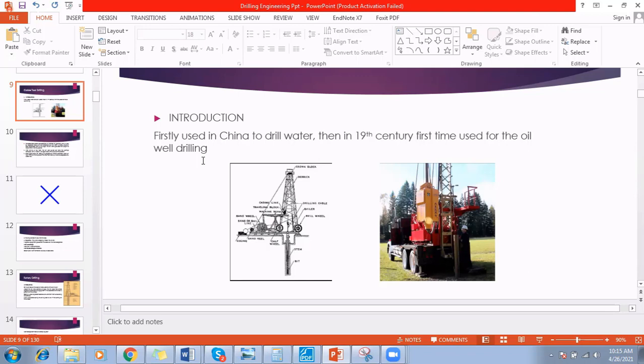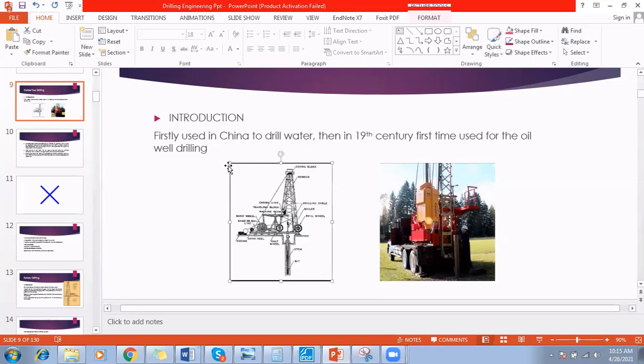Initially it was used for drilling water wells, but in the 19th century it was used for oil production as well. But the oil production was done from the shallow surface, and usually the depth that can be explored by cable tool drilling is not very deep. So it is the limitation of cable tool drilling.